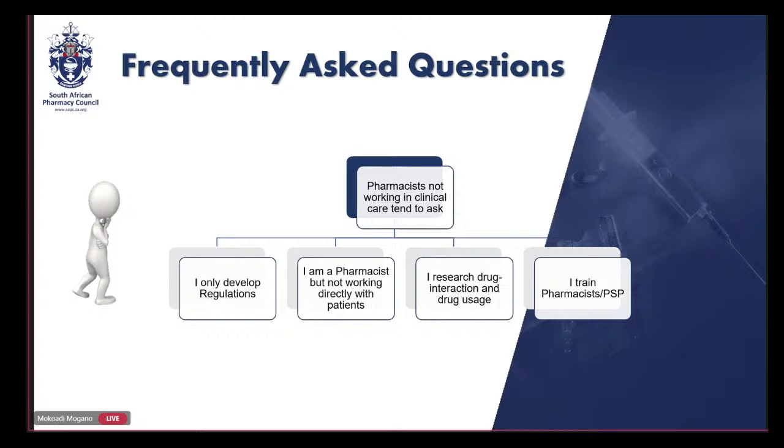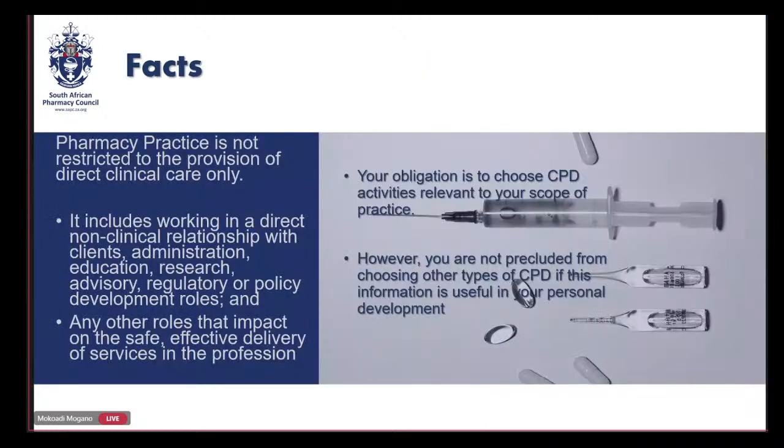If you go to domain 4, you will see that it is there, regulation and so forth, development of policies and so forth. And for someone who does research, there's also domain number 6 that talks to research. So you just have to go through the competency standards and you'll find where you fit in there.